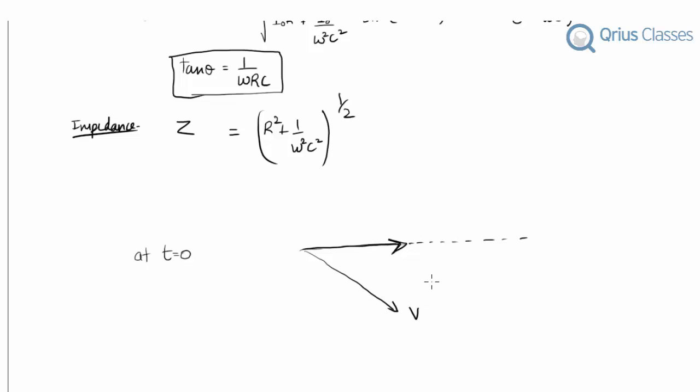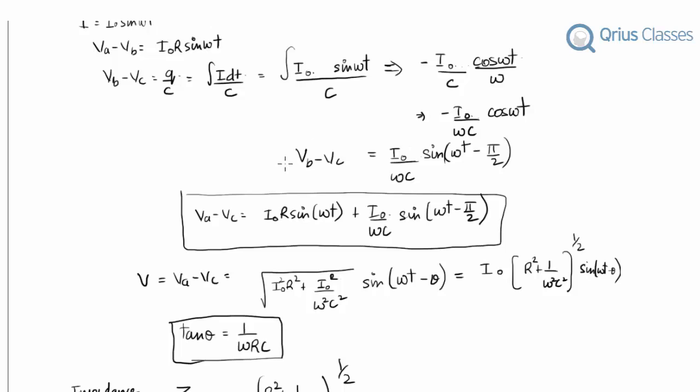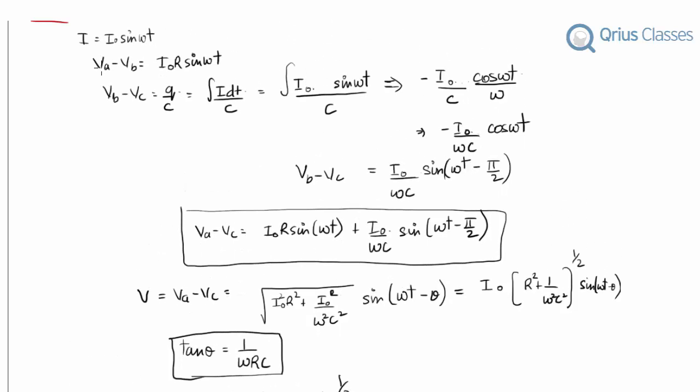This will be the voltage difference, and we can see that the potential difference across our capacitor Vc will be lagging behind the potential difference across the resistor by pi by 2, that is, minus pi by 2.